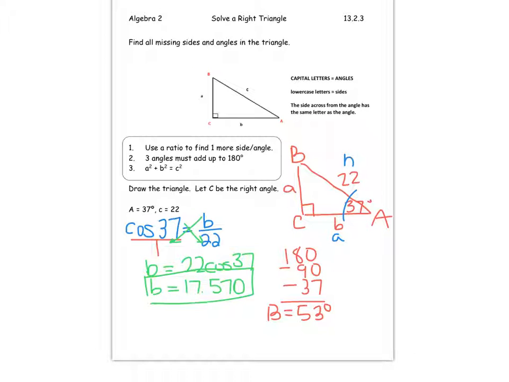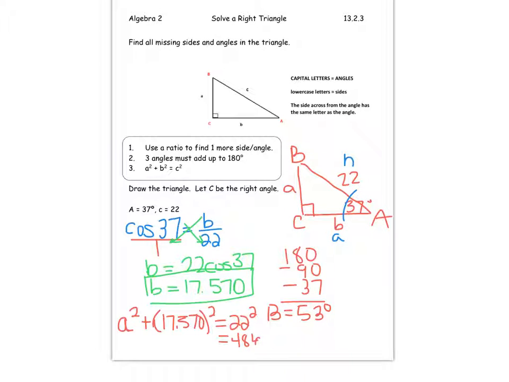Might as well just keep A, B, and C here so we can keep it straight. A squared plus 17.570 squared equals 22 squared. Okay, so 22 squared is 484.